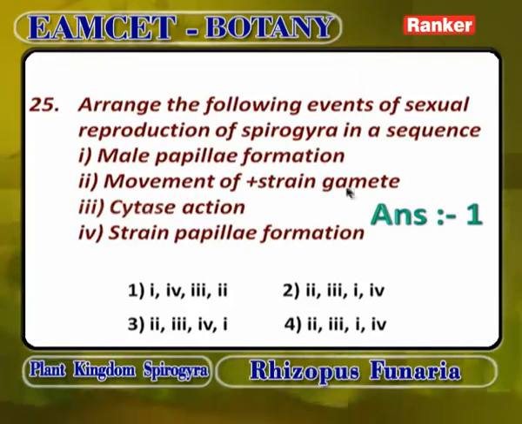Now both the papillae come in contact with each other, and by the action of cytase the wall dissolves and conjugation tubes are formed. Once the conjugation tube is formed, the plus strain gamete moves from the plus filament to the minus filament. So the answer is 1, 4, 3, 2, first option.